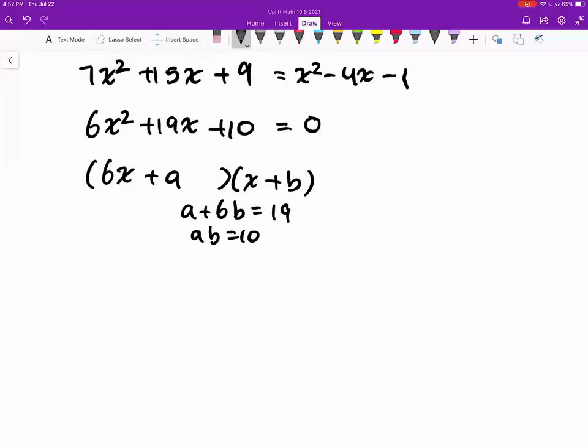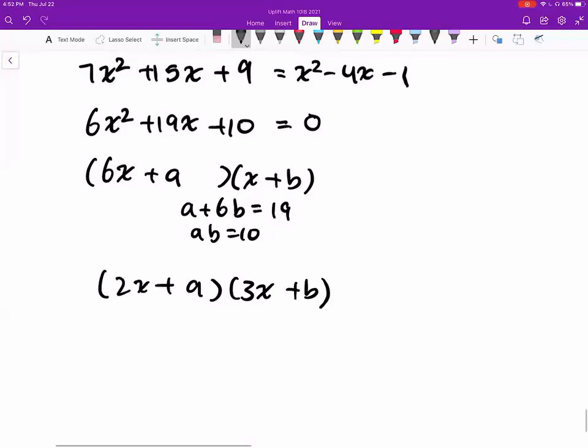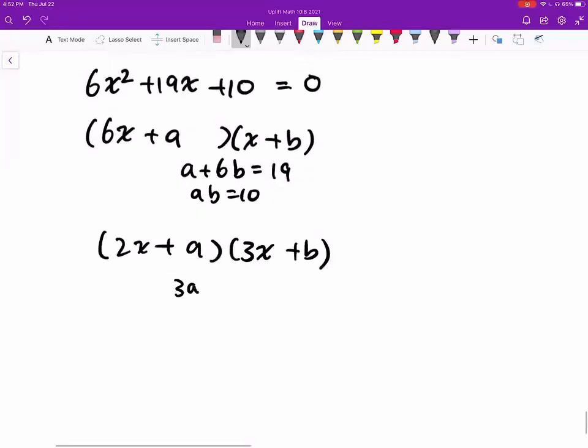I don't think there is a solution for this one. Yeah, there isn't. So we can do 3x and 2x. So 2x plus a and 3x plus b, and we get 3a plus 2b is equal to 19, and a times b is equal to 10.